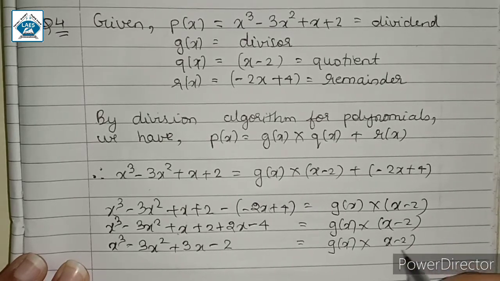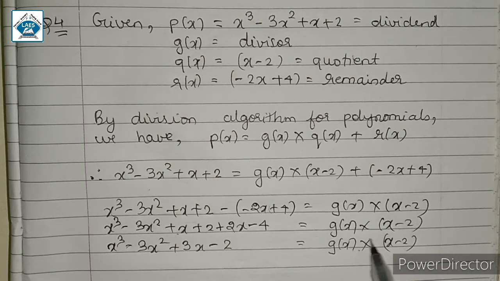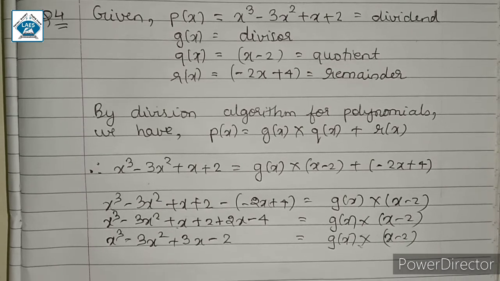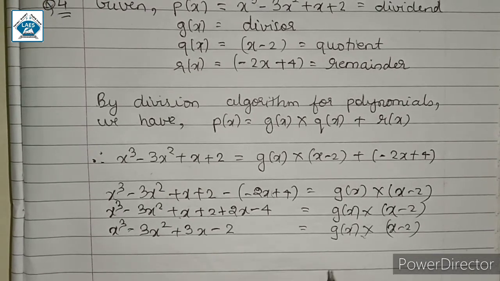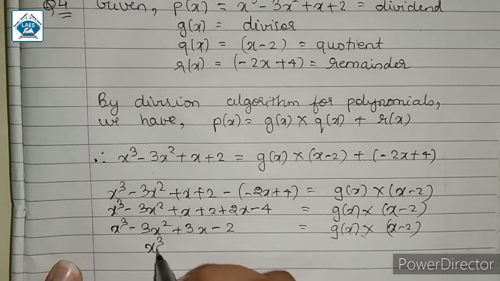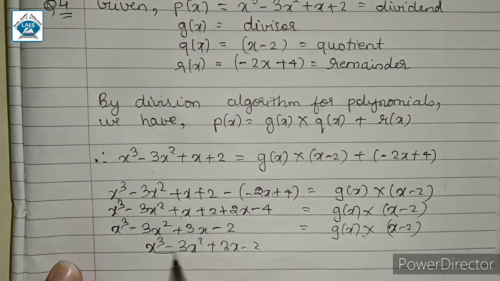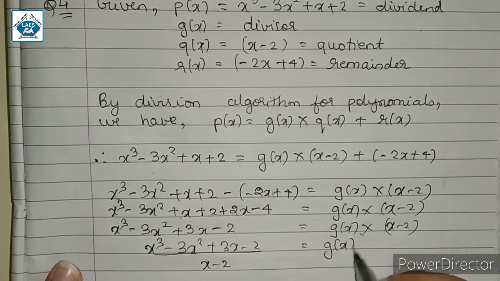Now we want to find g(x), and with g(x) we have x − 2 in multiplication on the right hand side. When we take this to the left hand side, we will have division. So g(x) is equal to (x³ − 3x² + 3x − 2) divided by (x − 2). That will be the value of g(x).